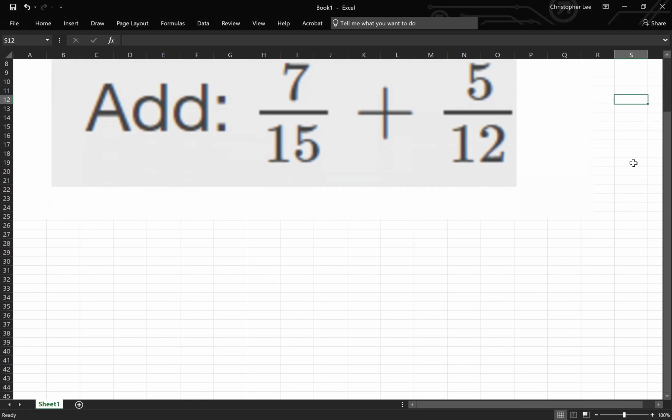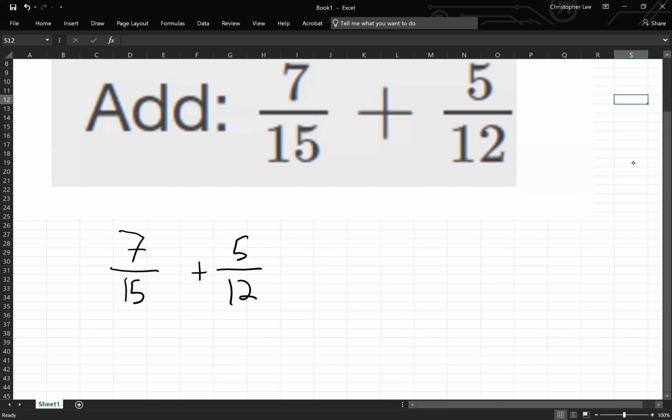All right. So I got 7 over 15 plus 5 over 12, right? How do I do this? All right. So what's my LCD? Remember I said how to do that?